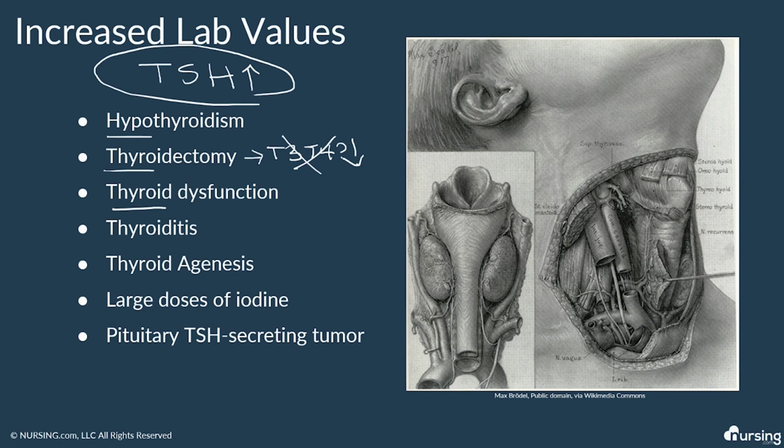So with any thyroid dysfunction or abnormality, inflammation, all those types of issues with the thyroid, if thyroid hormone is low, we're going to see an increase in the TSH. Large doses of iodine will also increase TSH values, as will a tumor that's producing too much TSH.